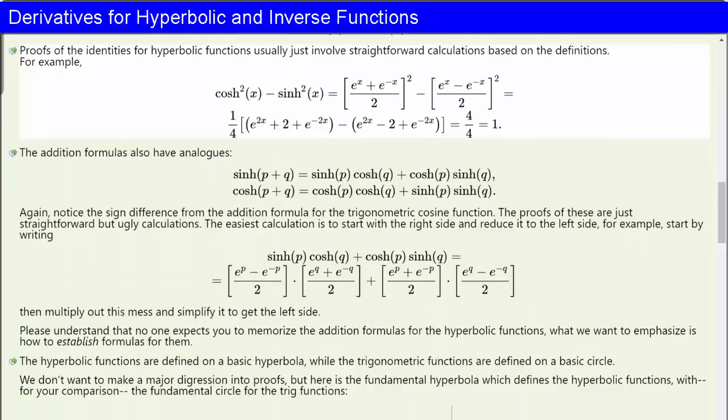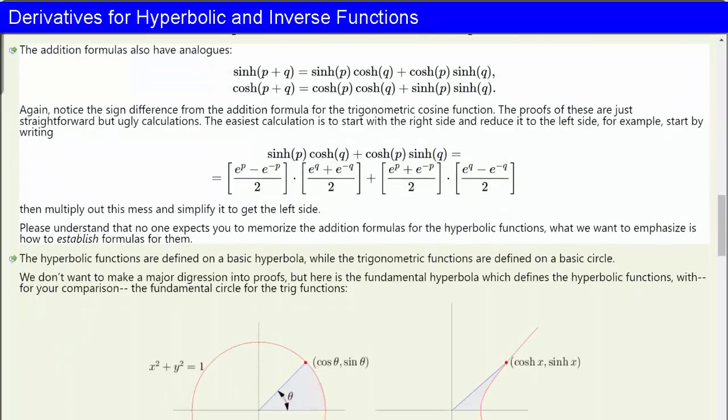Proofs of the identities for hyperbolic functions are usually much easier than the proofs for trig functions, and in fact usually just involve straightforward calculations based on the definitions. For example, cosh squared minus sinh squared is ((e^x + e^(-x))/2) squared minus ((e^x - e^(-x))/2) squared, and when you write that out, you get 1.